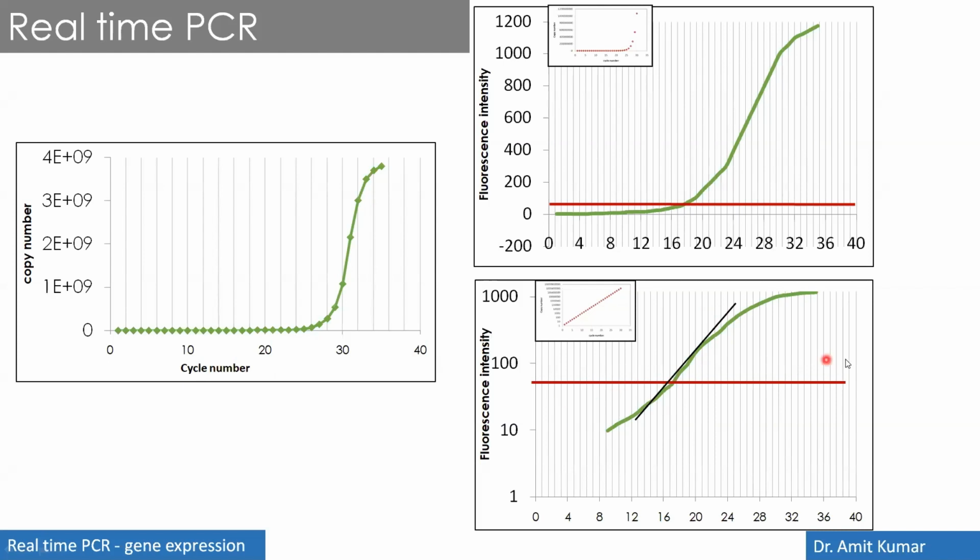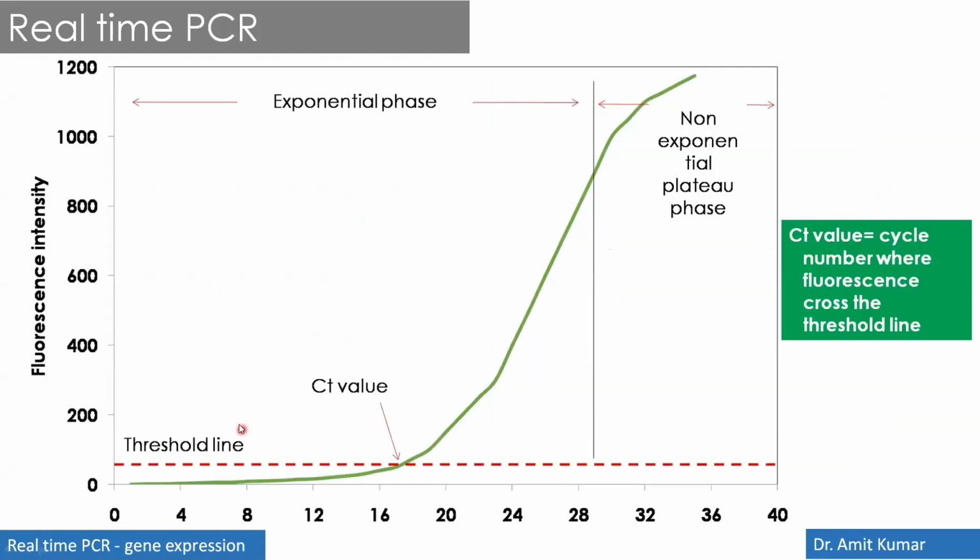So what this red line and this green line are, we will understand in a better way. There is a threshold line. It means the minimum fluorescence value at which detection starts, neglecting the background fluorescence, and that line we call the threshold line.